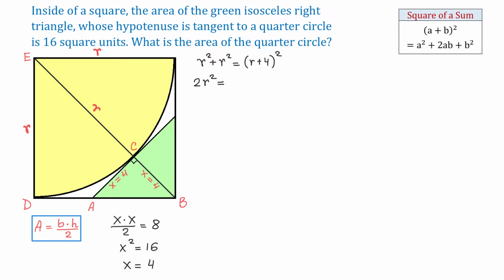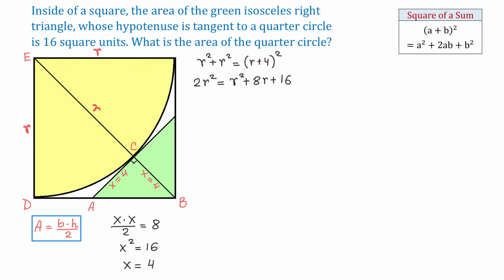According to this formula, first we will raise r to the second power plus, and now we need 2 times a times b, which is 2 times r times 4, and that is 8r. So we will add 8r, and then 4 squared is 16. And we could also use FOIL if we write r plus 4 squared as r plus 4 times another r plus 4.